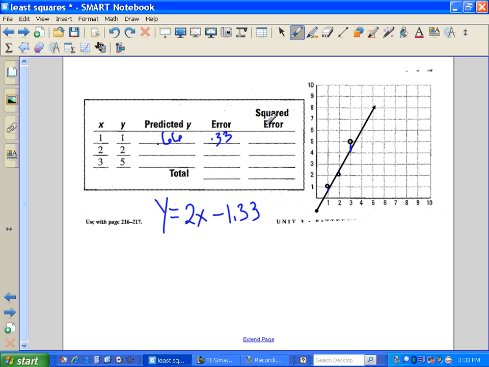And 0.33 squared is 0.1089. If you plug in 2 for x, and get the y value of 2.66, well, 2 and 2.66 have a difference of 0.66, and when we square that, we get 0.4356.